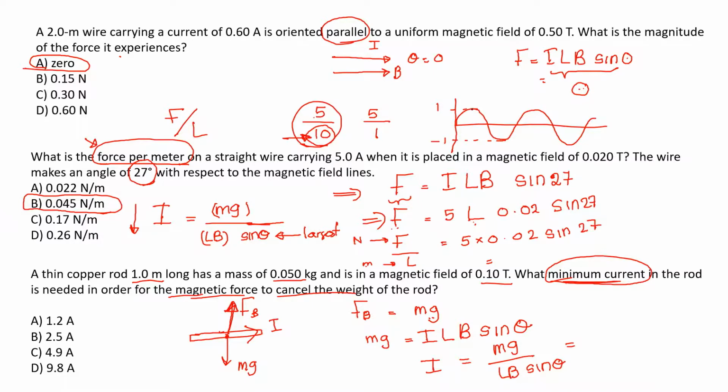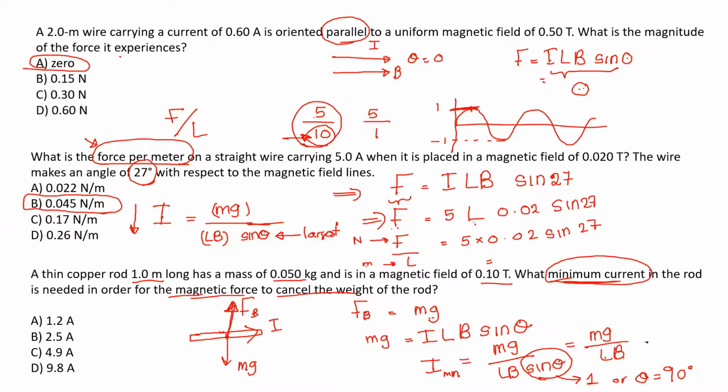Sine theta can't go beyond 1. The maximum value sine theta can have is 1, in other words sine 90. So I is minimum when sine theta is maximum, in other words, when this is equal to 1 or theta is equal to 90. So that leaves you this answer, mg over LB, since sine theta is 1.